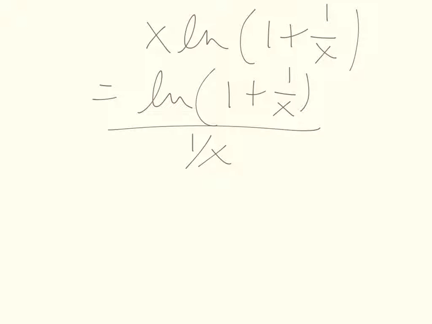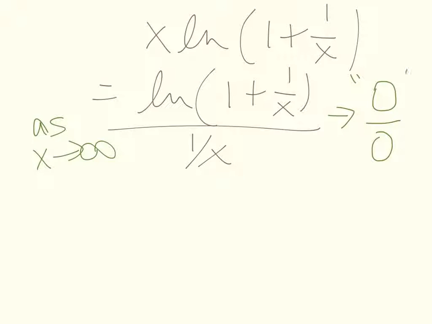And now what happens as x goes to infinity? The numerator is going to ln of 1, which is 0, and the denominator is going to 1 over infinity, which is also 0. So now I have my form of 0 over 0, and I can apply L'Hopital's rule.